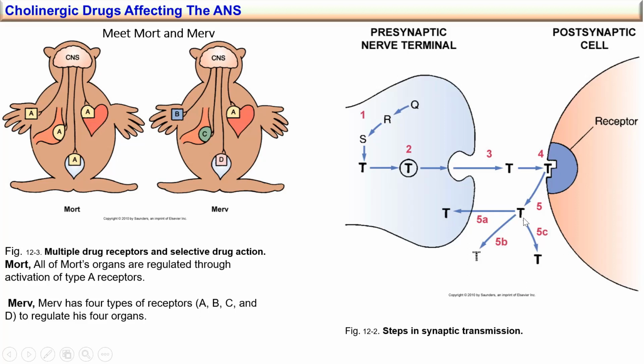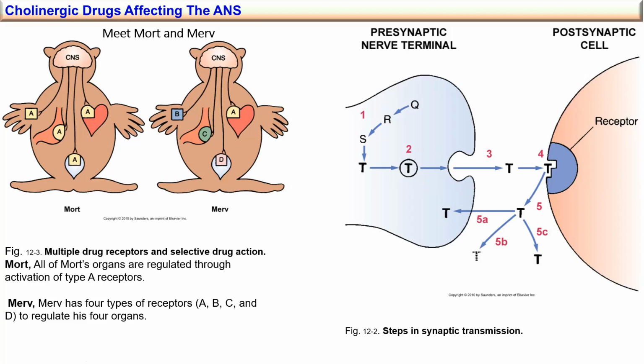There are different methods of this removal, but that will be the end of the transmitter's life cycle, from synthesis down to termination.